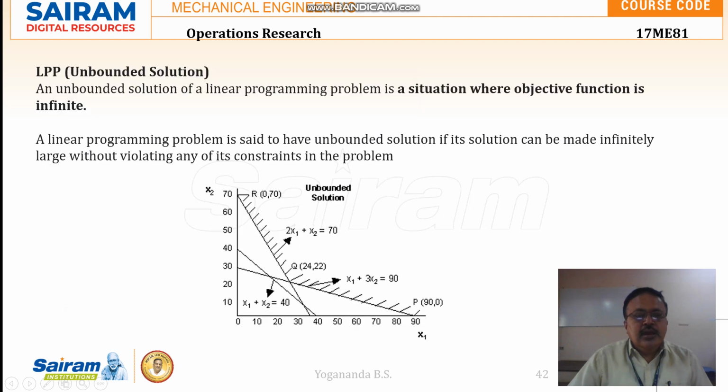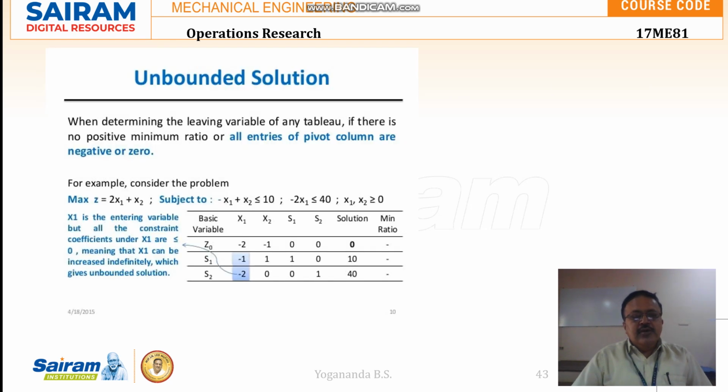So here a linear programming problem is said to have an unbounded solution if the solution can be made infinitely large. That is, the value of z will be infinitely large but without violating any of the constraints given in the problem. So for this particular problem, the objective function is to be maximized, and it is also subjected to the three constraints here.